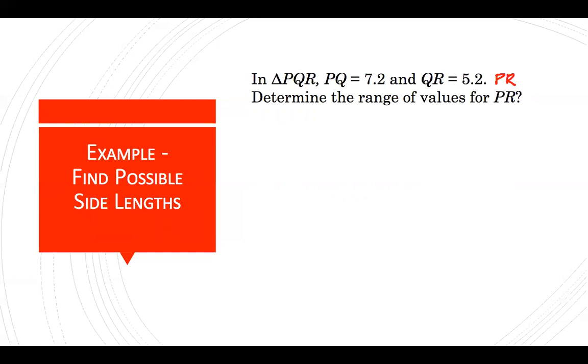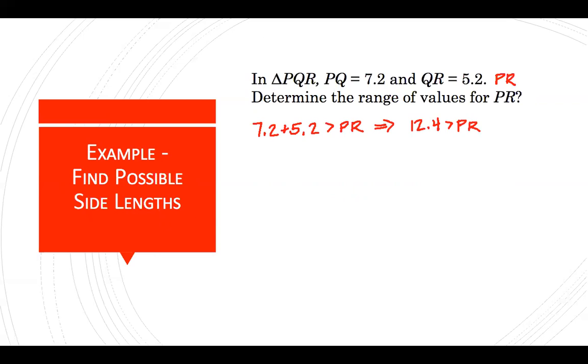So we're going to go through and do the same process. So 7.2 plus 5.2 has to be greater than PR. So therefore, 12.4 has to be greater than PR. You guys follow me so far?